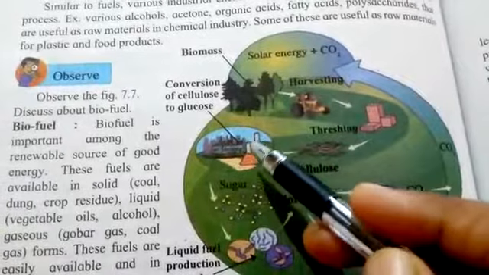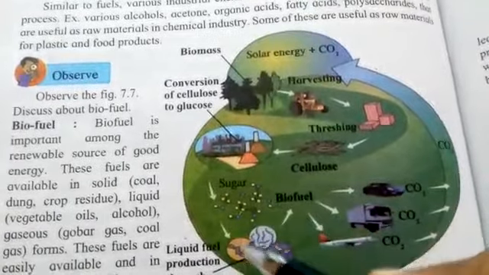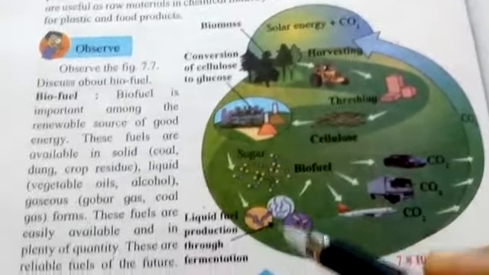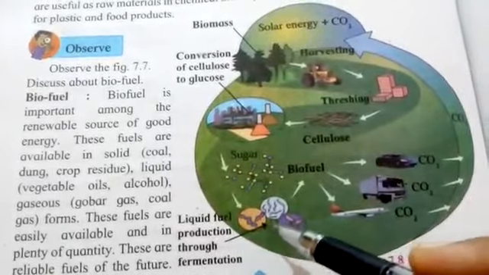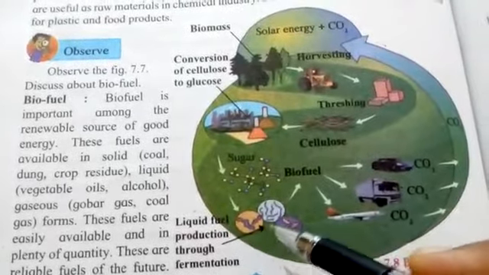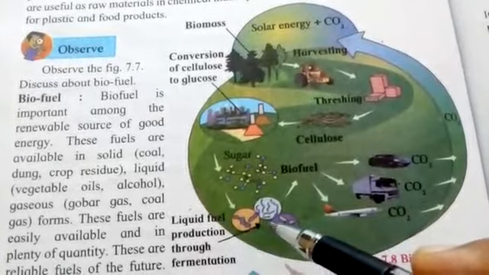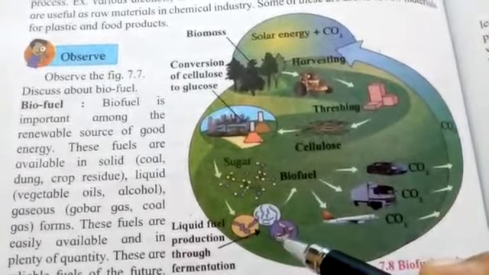So from the sugar industry, cellulose will be converted to glucose, that is the sugar, and after that the crop residue, the molasses, will be acted upon by some microbes, and it will result in the formation of liquid fuel by the process of anaerobic respiration or fermentation, and this is how ethanol is formed.